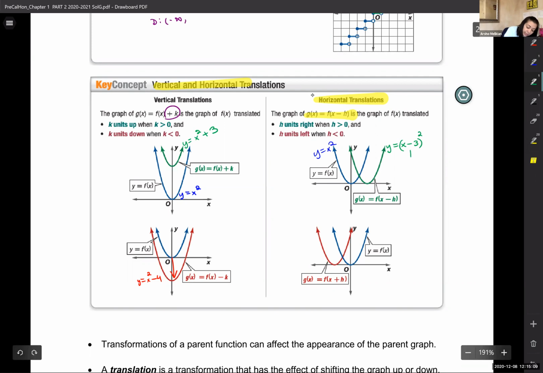It's a minus 3, but look at how you can tell what the translation is. You take that term, set it equal to 0, and solve. Now you get x equals positive 3, meaning it moves 3 units to the right.